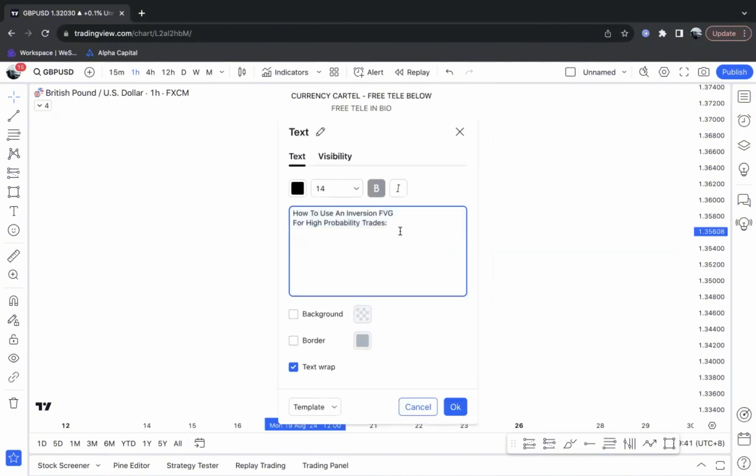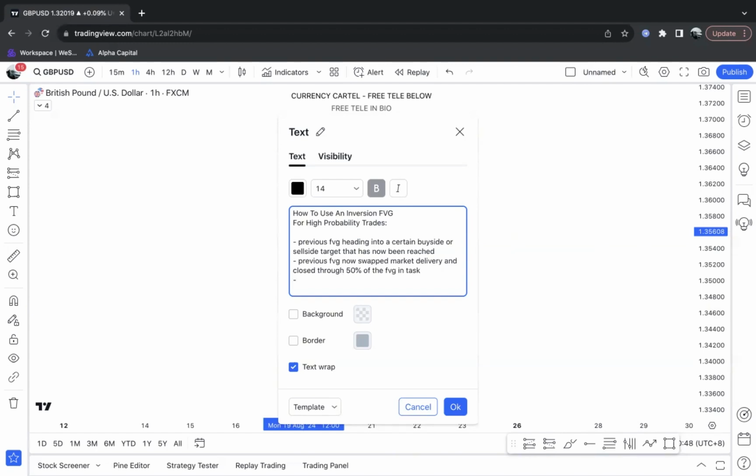So how to use inversion FVGs. There's three things that make up an inversion FVG. The first thing is that it was a previous FVG heading into a certain buy side or sell side target that has now been reached. The second thing is a previous FVG now swapped market delivery and closed through 50% of the FVG in question.